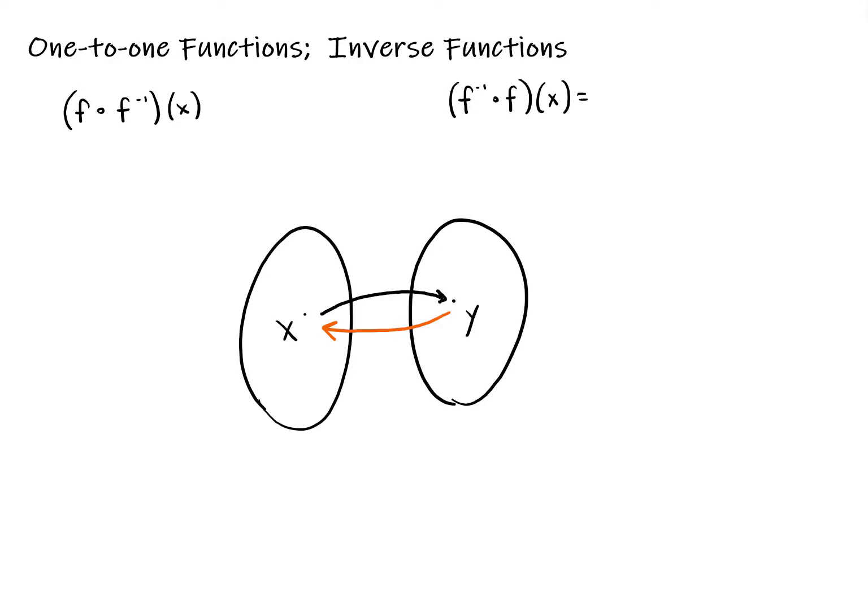It doesn't matter which direction we do first, my input x will yield my output, also x. And so if you compose two functions and you think that they might be inverse functions of each other, you can verify algebraically by composing them and seeing that they simplify to x.